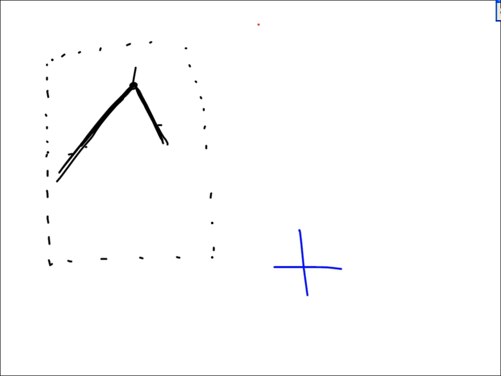And then, if this is vector u and this is vector v, you could draw your, oops, that was a terrible picture. At the head of u, I want to draw a line that's parallel to v. And at the head of v, I want to draw a line that's parallel to u. I want to see where those two lines intersect.